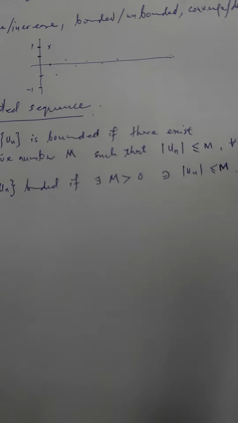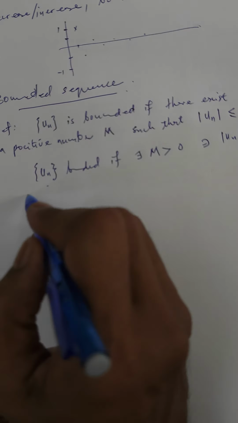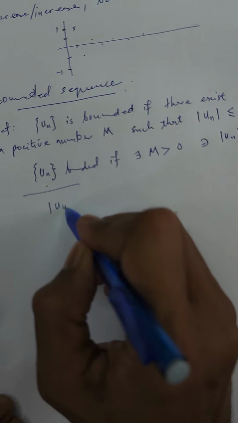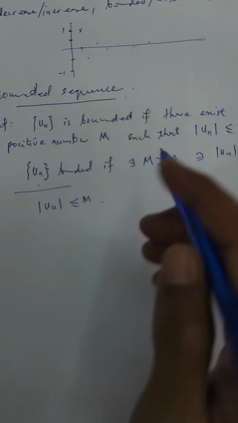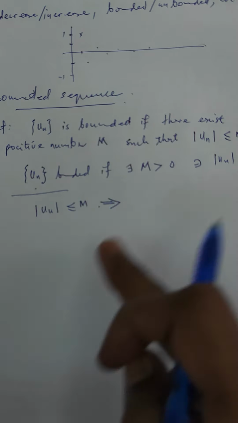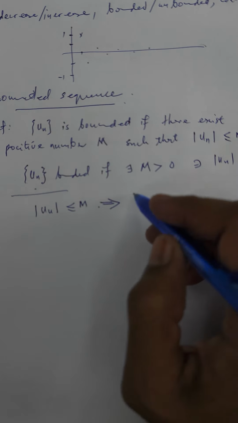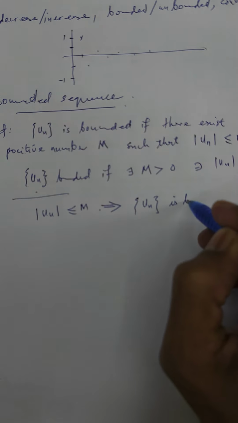So in future, if we write un less than m, this means that un is bounded. The sequence is bounded.